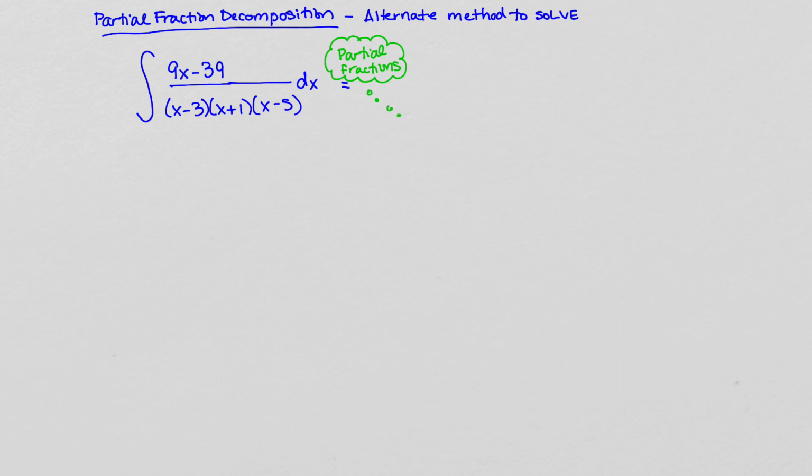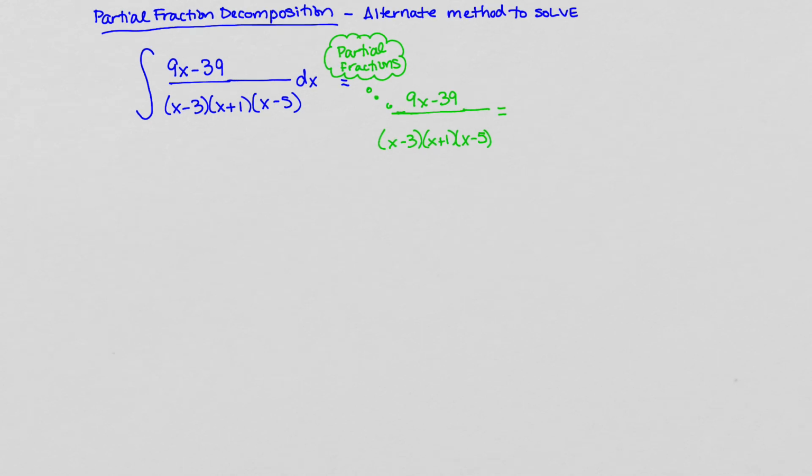We are going to take 9x minus 39, and we want to divide it over x minus 3, x plus 1, and x minus 5. And that polynomial in the denominator is nicely factored for us, setting us up for our method. And we want to divide that up into separate smaller fractions. To do so, we take those factors in the denominator and separate them into three distinct fractions.